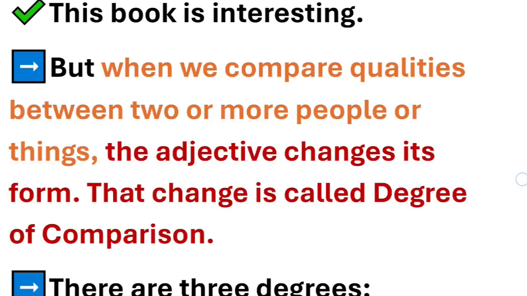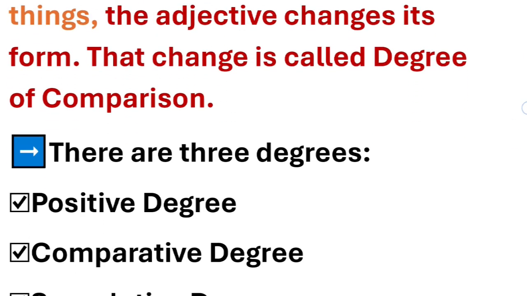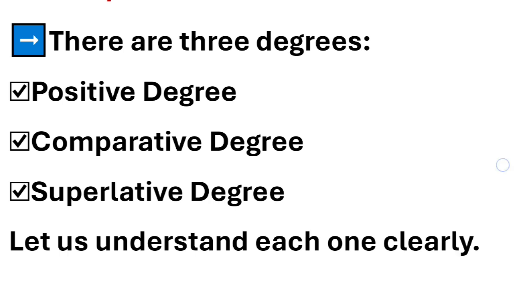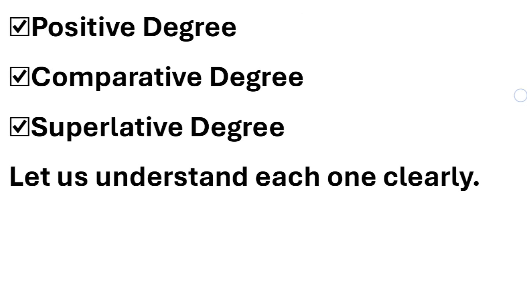That change is called degree of comparison. So today we're going to talk about the changes that an adjective acquires while comparing between two or more than two things or objects. There are three degrees. These are positive degree, comparative degree, and superlative degree. We'll talk about these three clearly one by one.